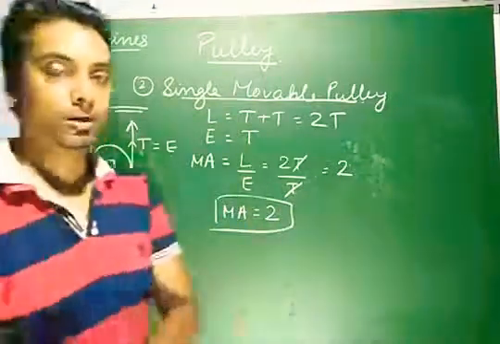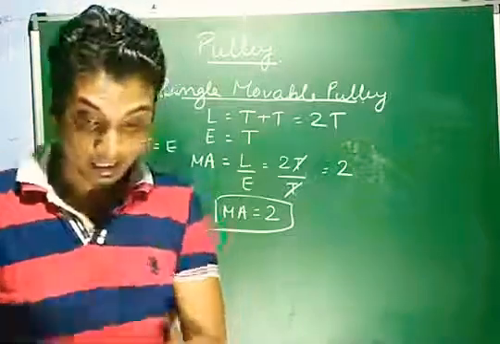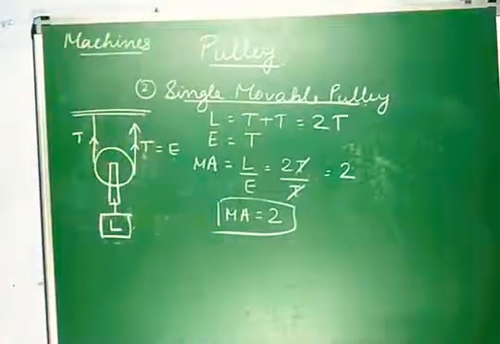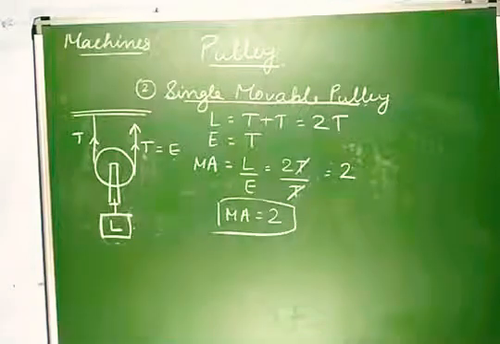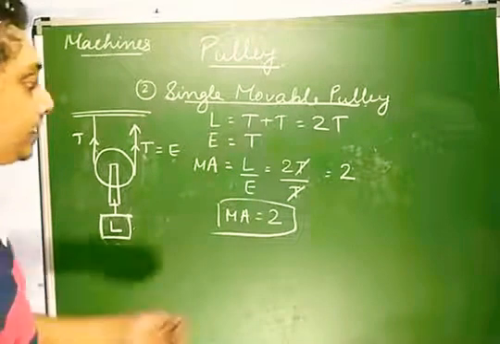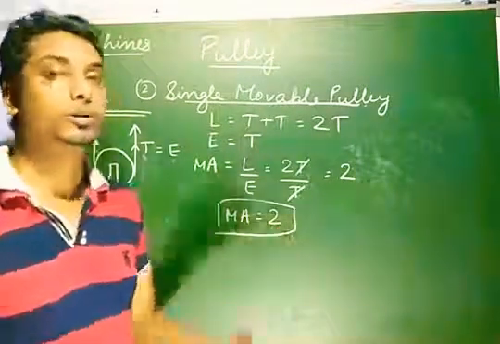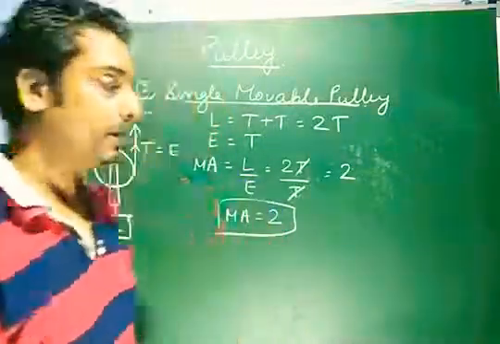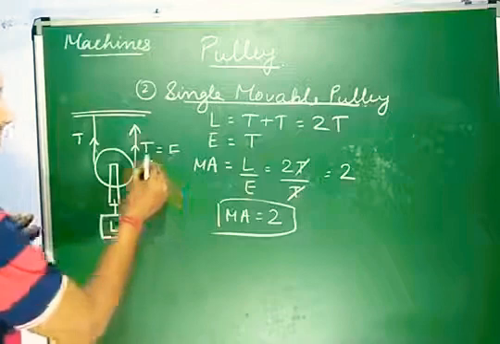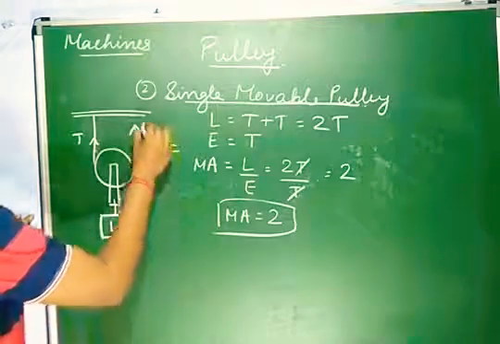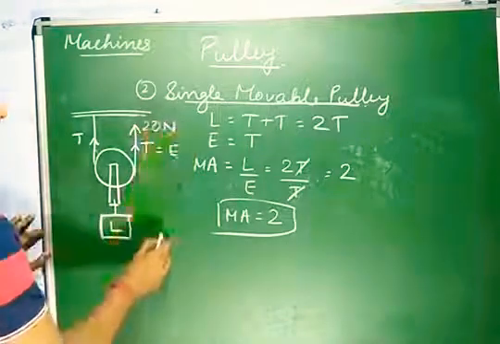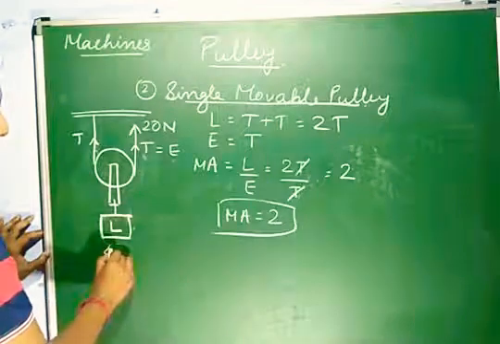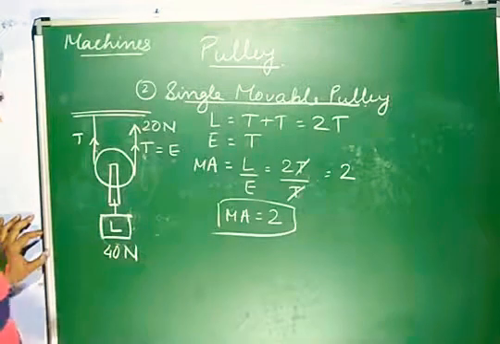So from here we can understand that if the mechanical advantage is 2, it will multiply our force 2 times. If from this side we apply a force of 20 Newton, then we can lift a load of 40 Newton.